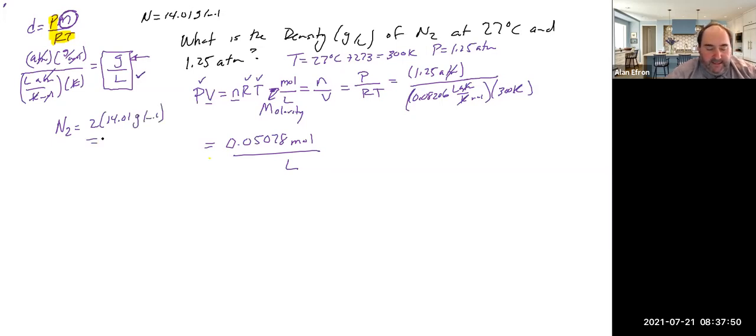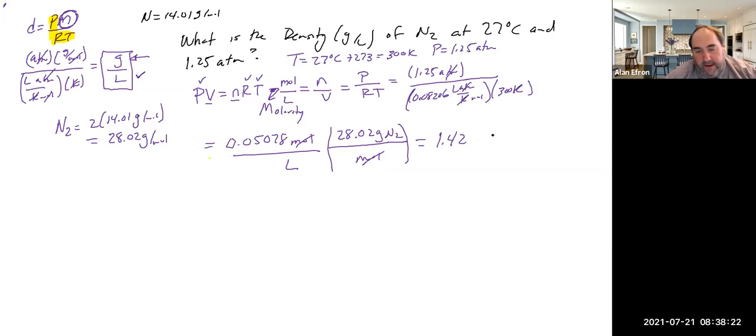That gives us 28.02 grams per mole. We could just do a conversion at this point, get rid of the moles. So on the bottom would go moles, on top would go our molar mass. Moles would cancel, and now we will be left with 1.42 grams per liter as our density.